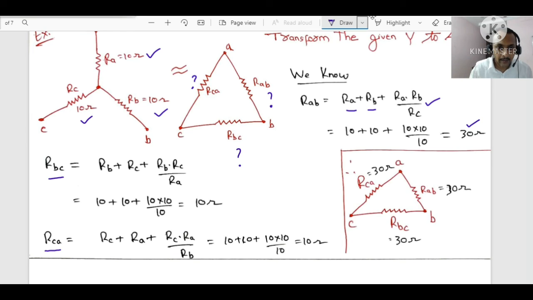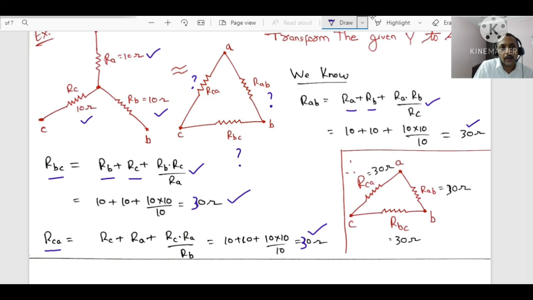RBC is equal to RB plus RC plus RB into RC by RA. 10 plus 10 plus 10 into 10 by 10. We will get that value as, somewhere here it is wrong I think, 20 plus 10, which is 30 ohms. We will get that value as 30 ohms. RCA also is 30 ohms.